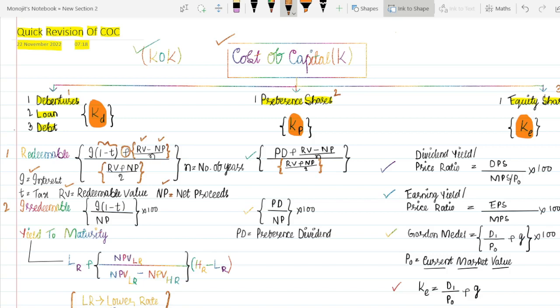That is why we don't multiply preference dividend with 1 minus tax. This component is eliminated from this formula.